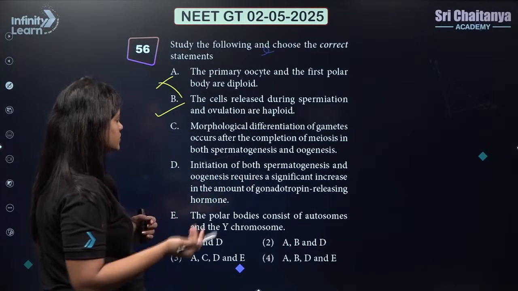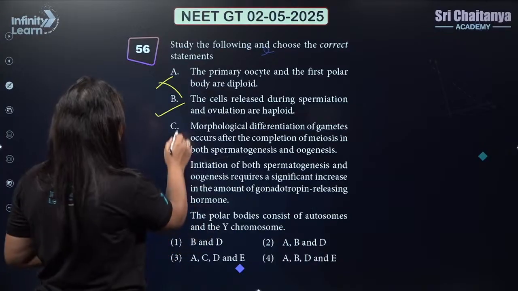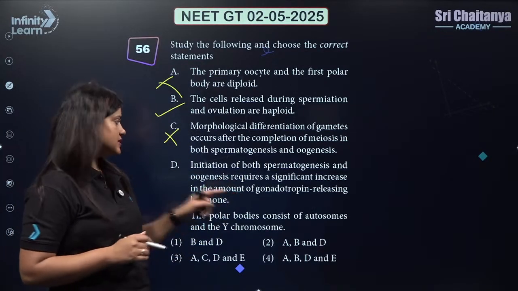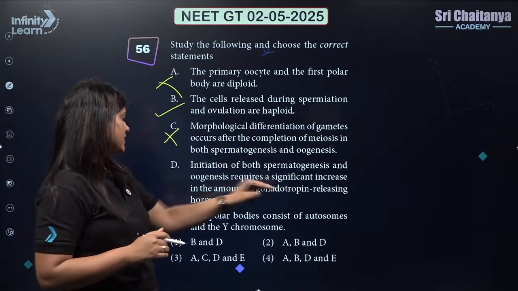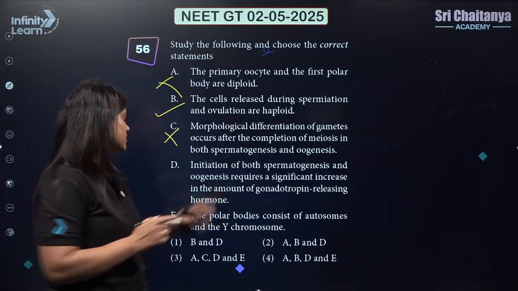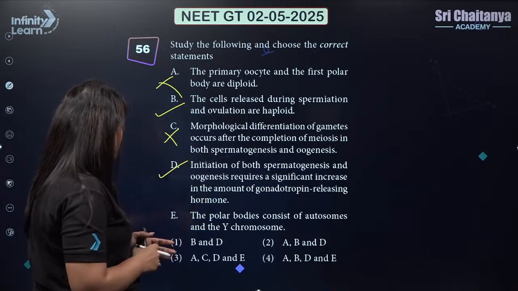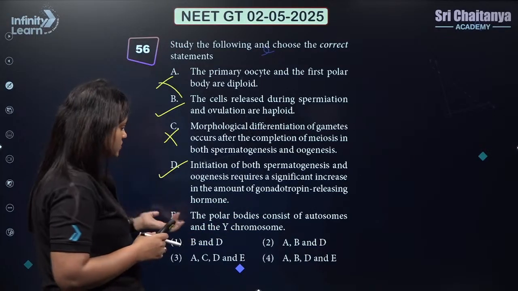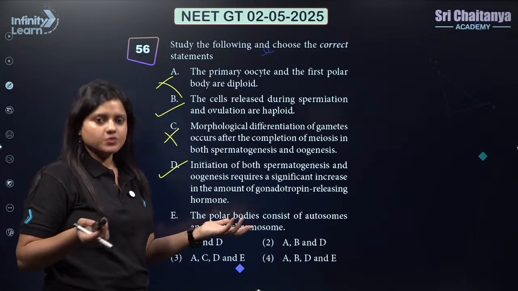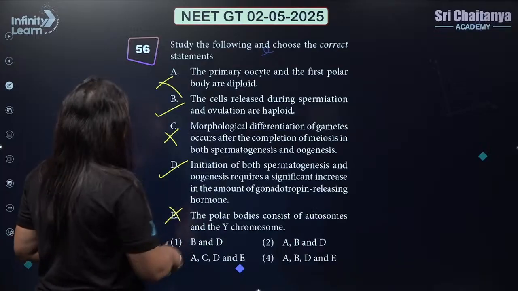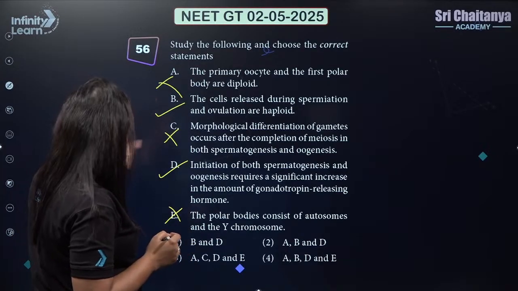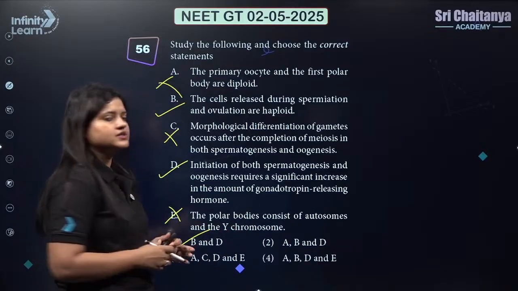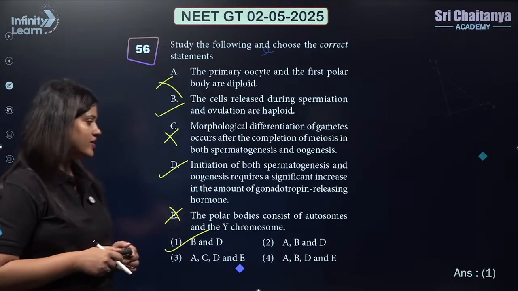So differentiation is not happening in oogenesis, so I think this should be wrong. Initiation of both spermatogenesis and oogenesis require a significant increase in the amount of GnRH. Yes, that is true. The polar body consists of autosomes and the Y chromosome. So only Y chromosome will be there? No. So we have B and D as the correct statements. So answer should be 1 or A.